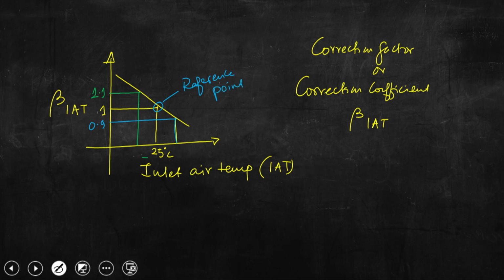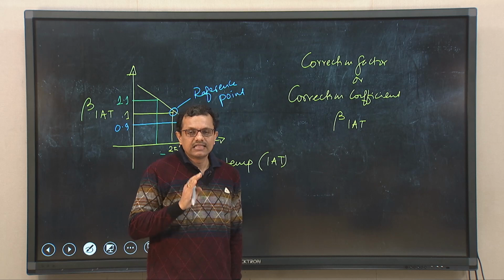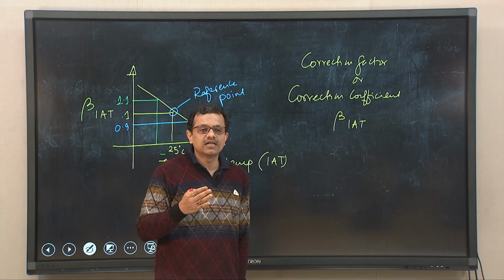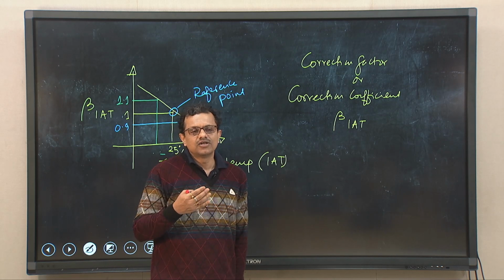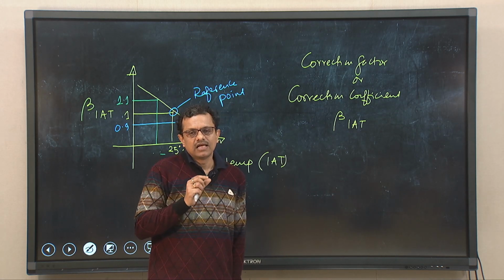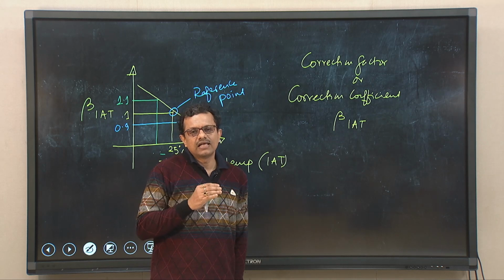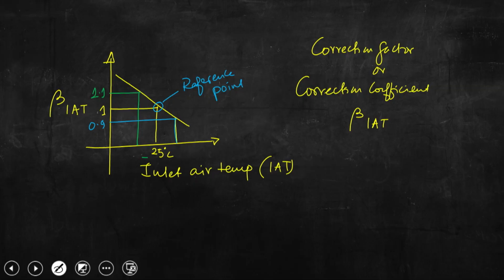It means the injection duration has to reduce by 10% if temperature increases beyond 25 degrees Celsius, and the injection duration should be increased by 10%, that is 1.1, if the intake air temperature falls below 25 degrees Celsius. That correction or adjustment should be taken care of by the control unit, so as to allow the injector to supply the adequate amount of fuel needed by the engine.